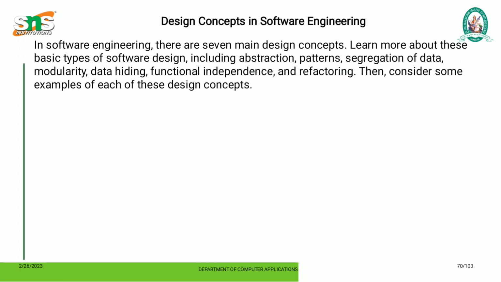In software engineering there are several main design concepts. Learn about the types of software design, the patterns, separation of data, modularity, data hiding, functional independence, refactoring, and some concepts about software design.